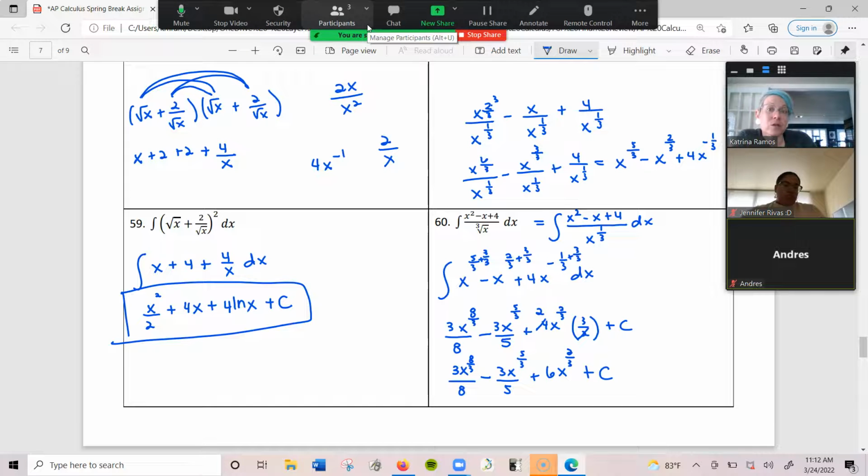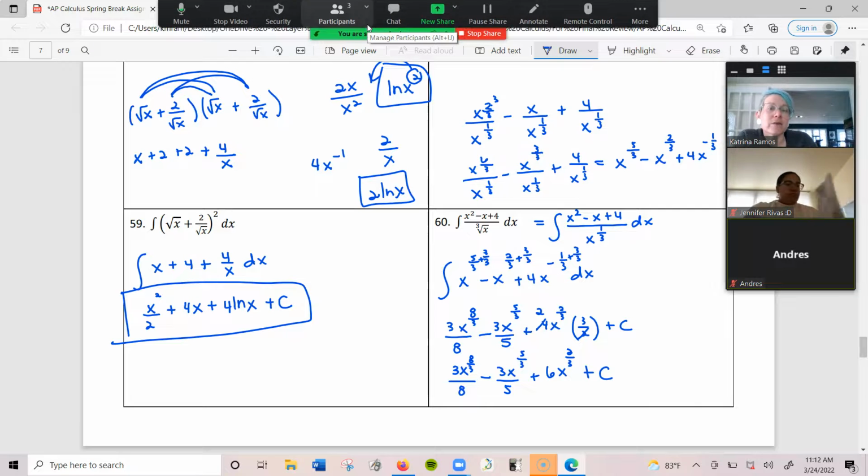So both of these actually mean the exact same thing. ln of x squared and 2 ln x are the same because for the rules of logarithms, any exponent can be moved to the front. So ln of x squared is equivalent to 2 ln x. Okay.